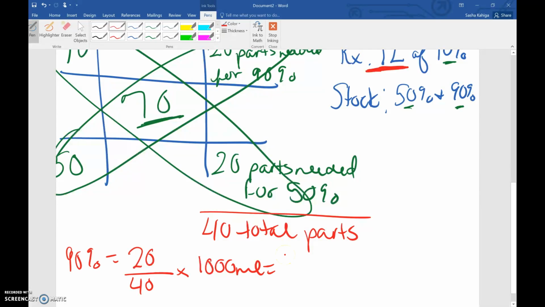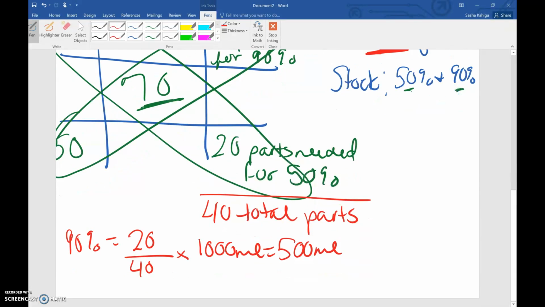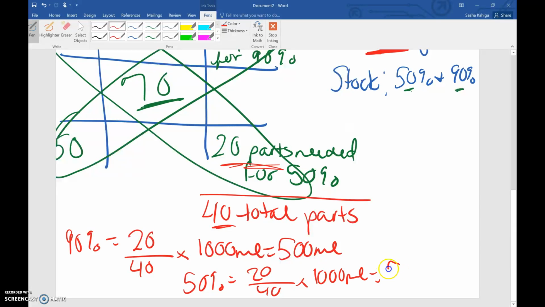All right. So technically you need 500 milliliters of the 90%. You're going to do the same thing for the 50%. So for the 50%, you're going to take parts needed, which is 20 parts, over your total parts, which is 40, multiplied by the given quantity of 1,000 milliliters, and you're going to get 500 milliliters.